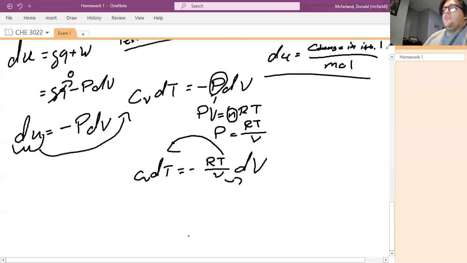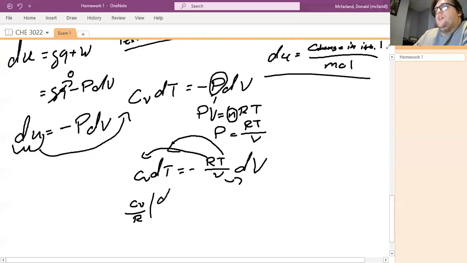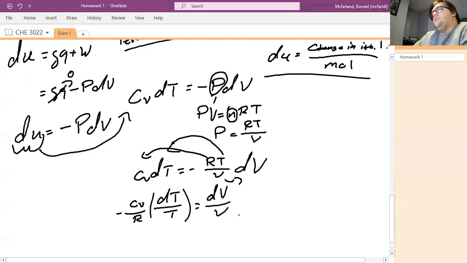So what's going to happen here is CV over R, all I did was move R to this side, equal to dT over T. And on this side, all we're going to have is dV over V.